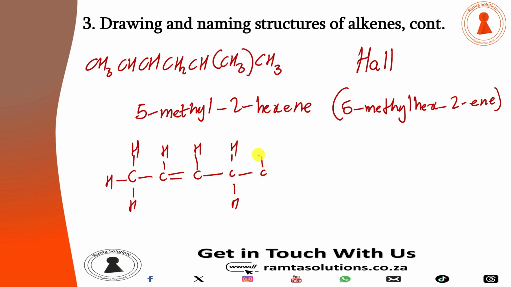The one after has 1 H and an alkyl substituent, CH3, isn't it? Followed by one with 3 hydrogens, 3 H's. We say H. All right. Now, can you see this? Let's see now. 1, 2, 3, 4, 5, 6. So the name is correct, isn't it?